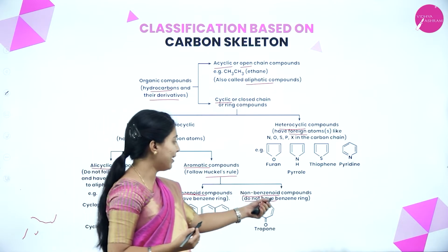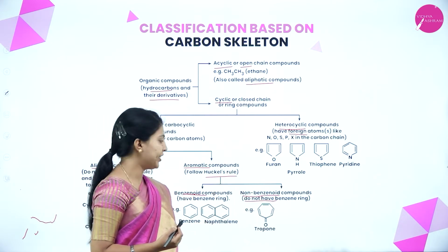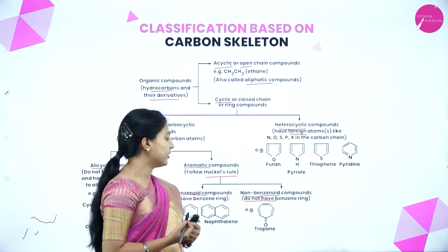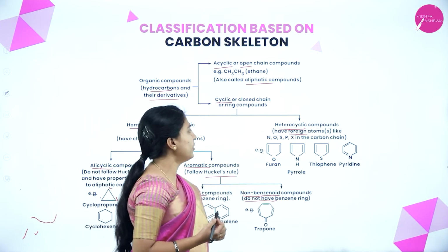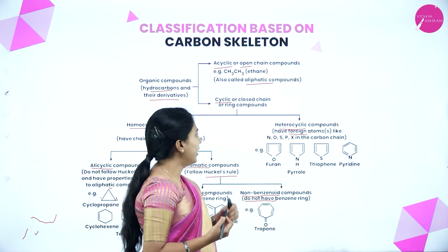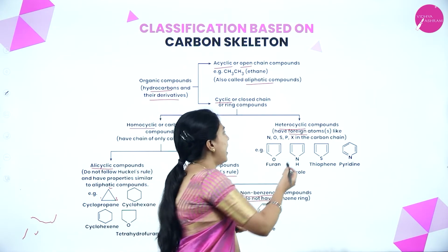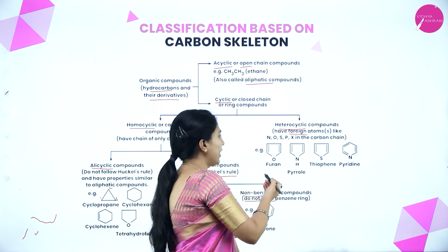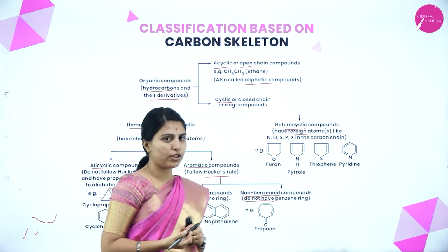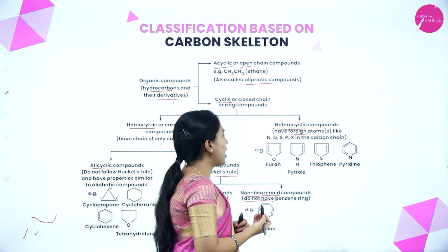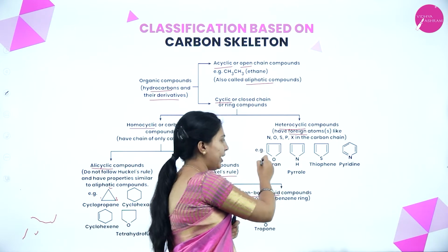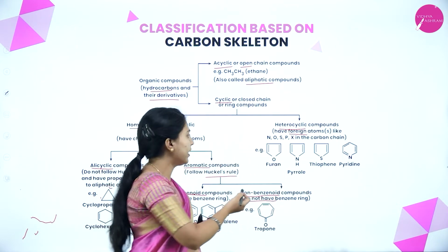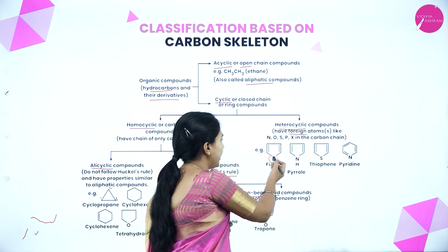This is not a benzene ring, but it is in a cyclic nature attached to oxygen, that we call tropone. And if you come to the heterocyclic compounds, as I told already, they have foreign atoms like nitrogen, oxygen, sulfur, phosphorus and halogen in the carbon chain. See here, it is also a ring structure. It may have single bonds, double bonds, like that, and contain 2 heteroatoms.